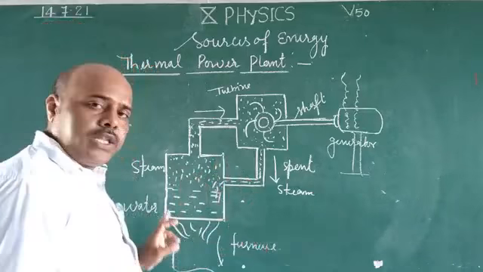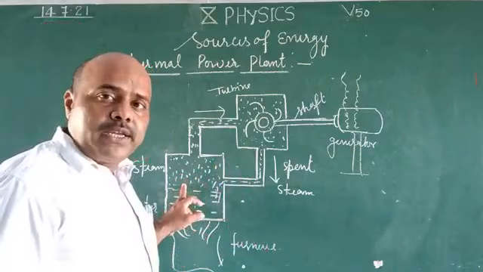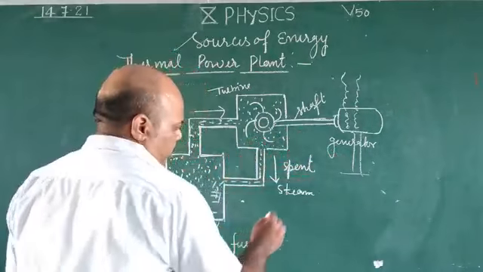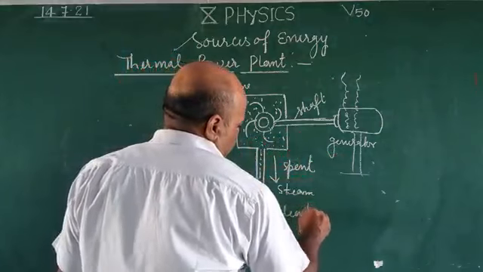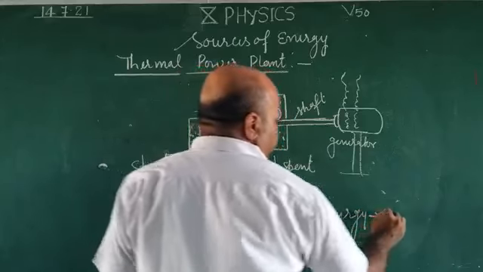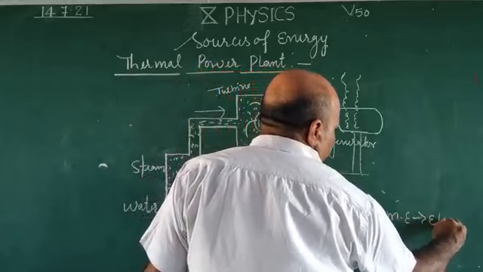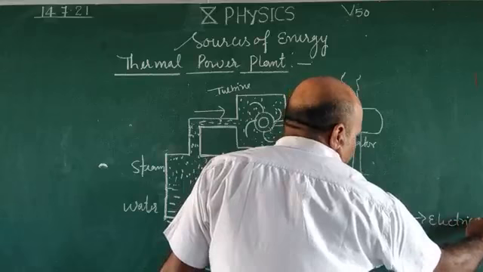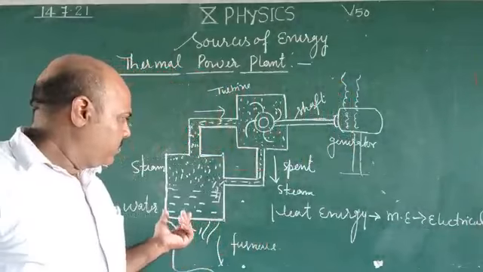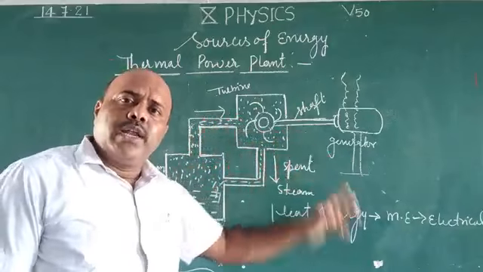First of all, the heat energy becomes mechanical energy, and then the mechanical energy is converted into electrical energy. Heat energy is converted into mechanical energy, which is converted into electrical energy.